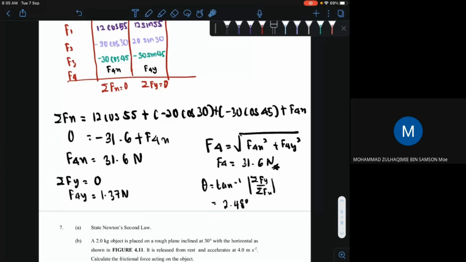Okay, where does this 2.48 sit? First quadrant, second quadrant, third, or fourth? So you have to go back and look at your values of F4X and F4Y.